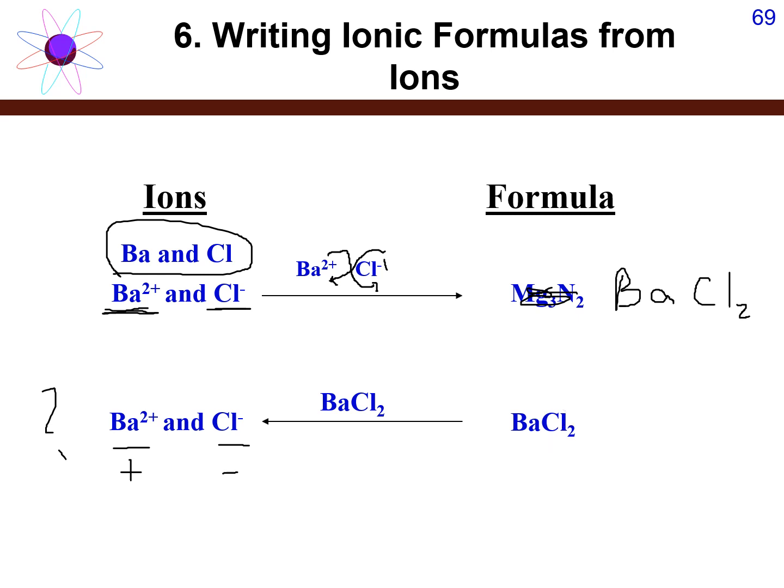If you have a compound with elements that have fixed charges, you know this is always in group 2, you know this is always in the halogen group, so just looking at the periodic table, I know this is going to be a +2, this is going to be a -1. So those are pretty simple. Either way works: look at the periodic table or do the crisscross method.